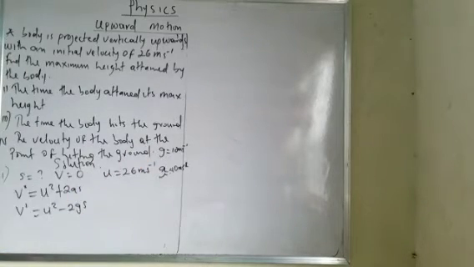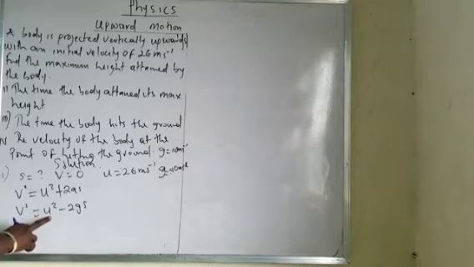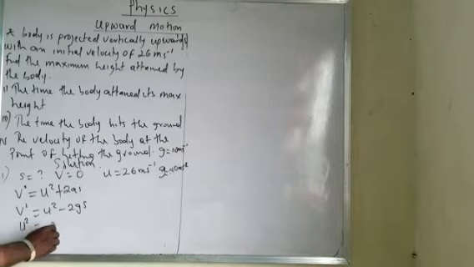Here v is 0, so u squared equals 2gx, and we are looking for x. My x equals u squared divided by 2g.